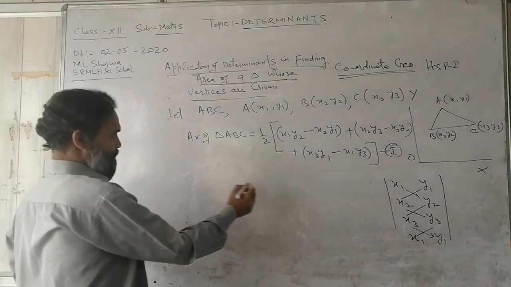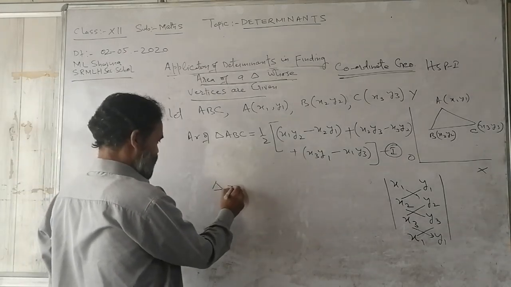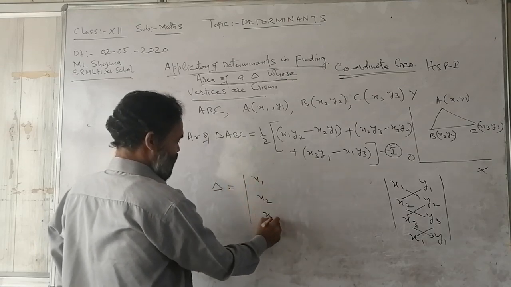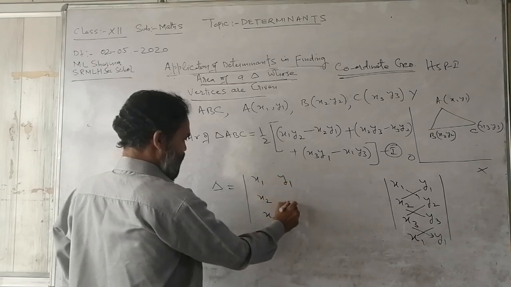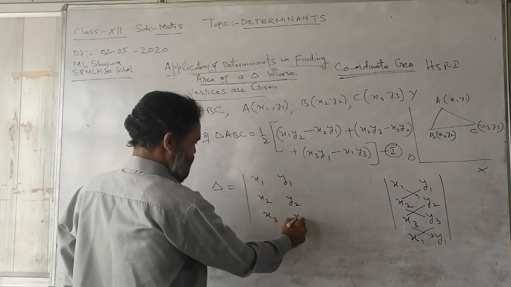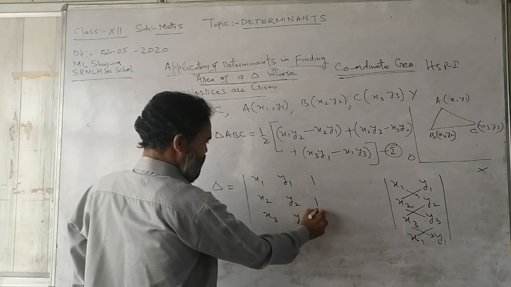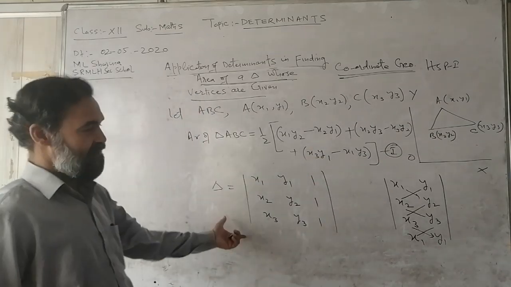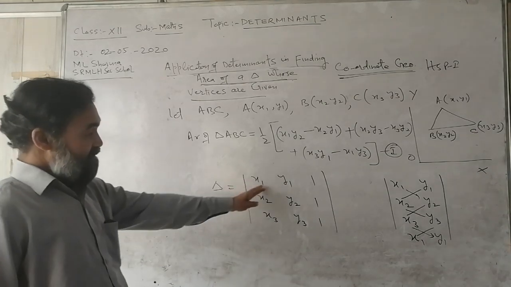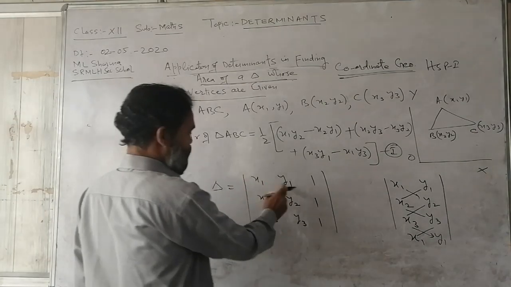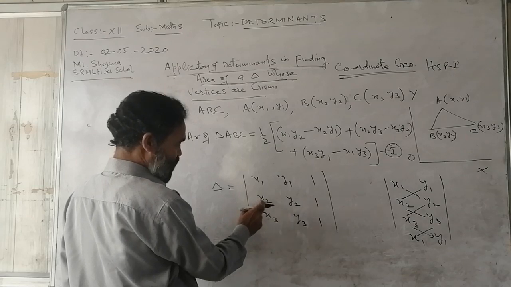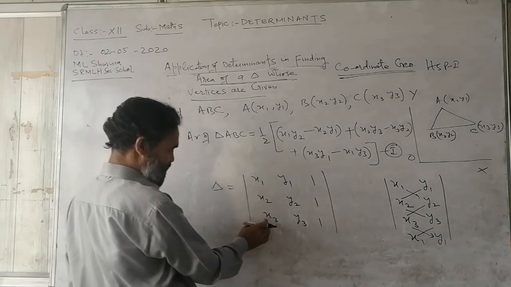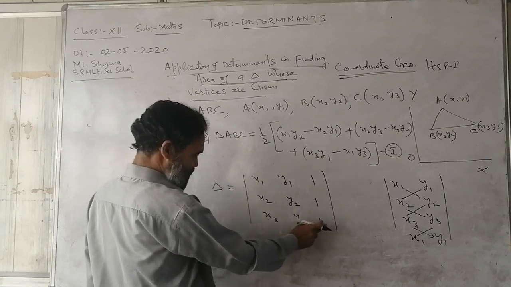So I can have a determinant, let a determinant whose elements are given in this manner. It is a 3 by 3 determinant I have taken, with elements in row 1 x1 y1 1, in row 2 x2 y2 1 and x3 y3 1 in the third row.